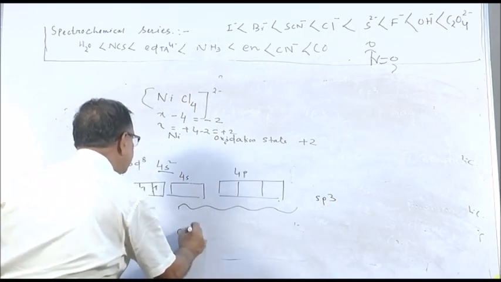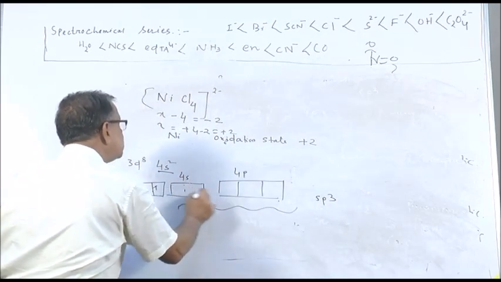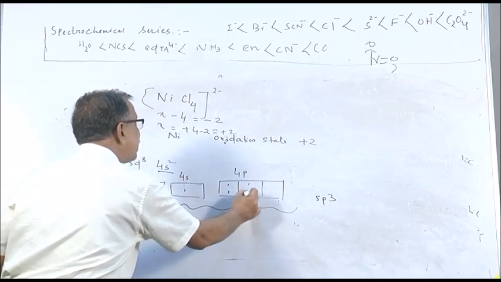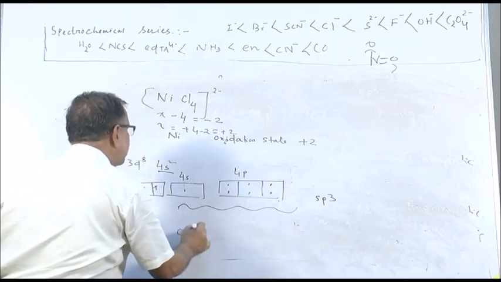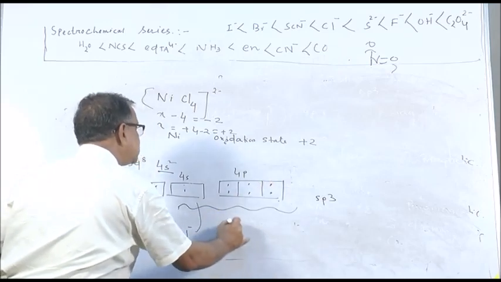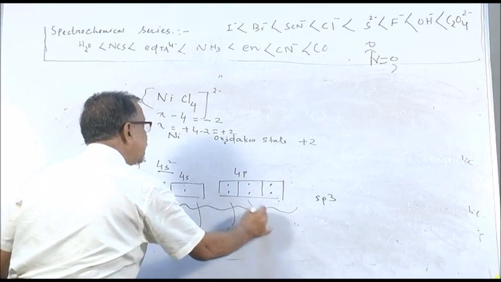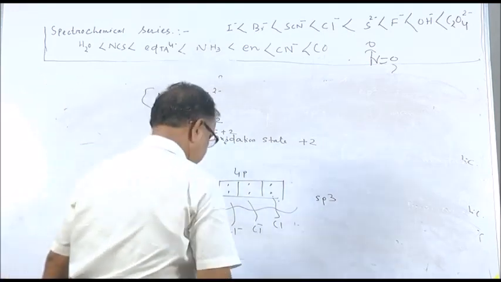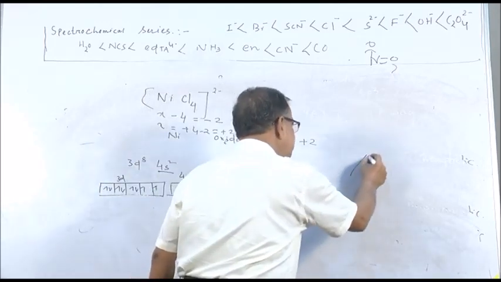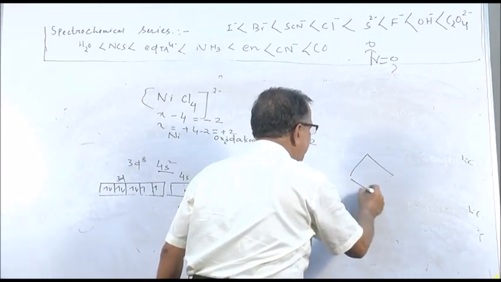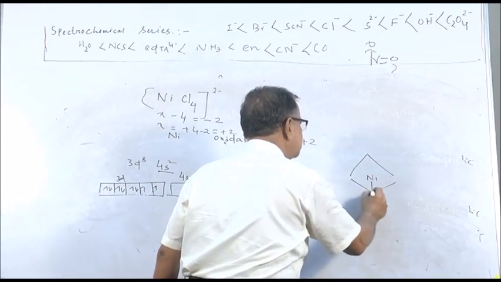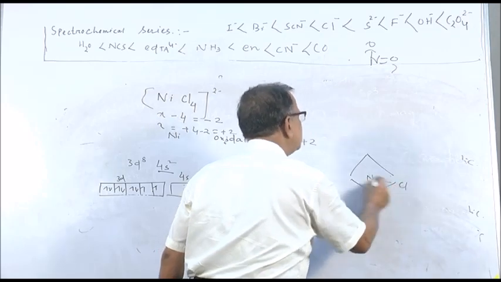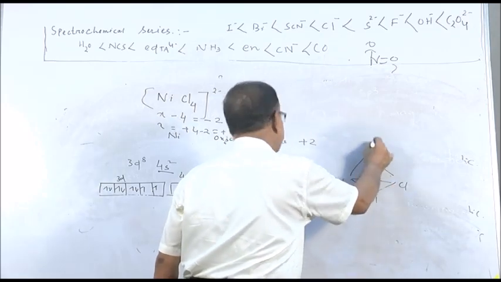Cl minus gives 2 electrons each. The structure of NiCl4 2 minus is tetrahedral, like this, with the four Cl around nickel.